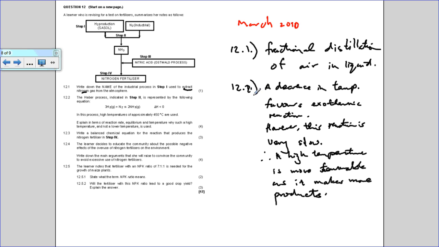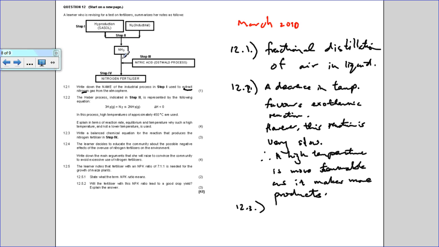It's 12.2. Numbering is very important. 12.3. Write the balanced chemical equation for the reaction that produces nitrogen fertilizer in step 4. We've discussed something similar to this in the past. Step 4, we have a nitrogen fertilizer. Now, what are the chemicals that are reacting?